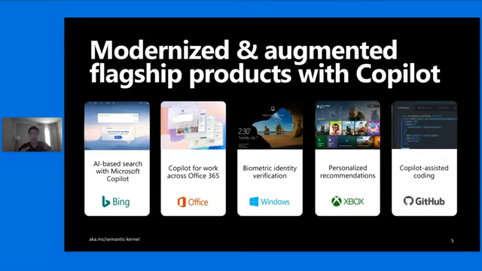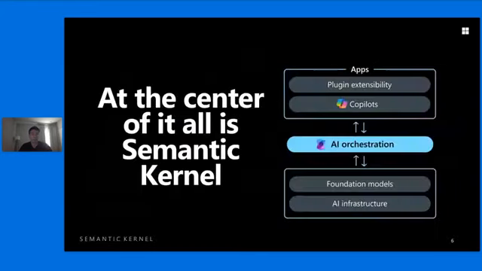And of course, we have this Copilot for GitHub. You remember this GitHub Copilot that can help you to create application programs, review the code, resolve any kind of problem that we have with programming. We have this Copilot. But at the center of all of this is semantic kernel.